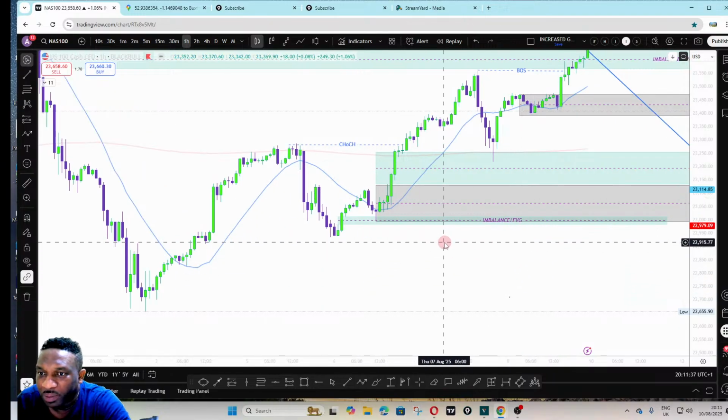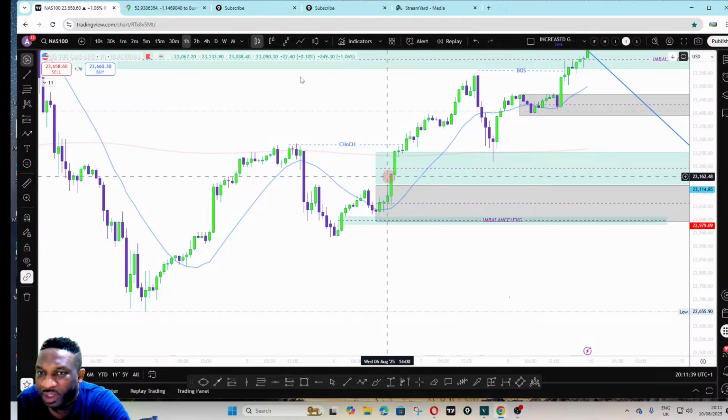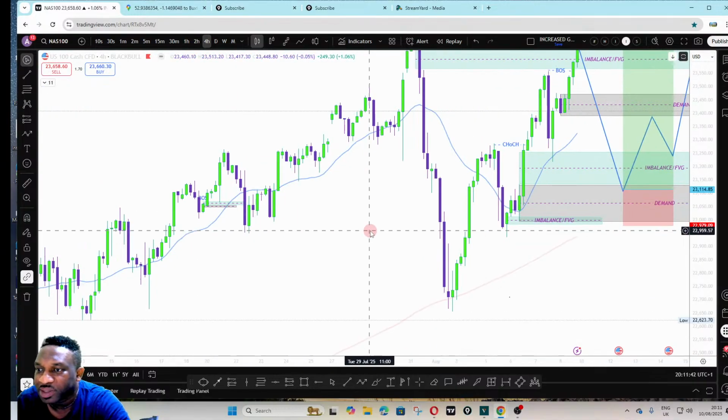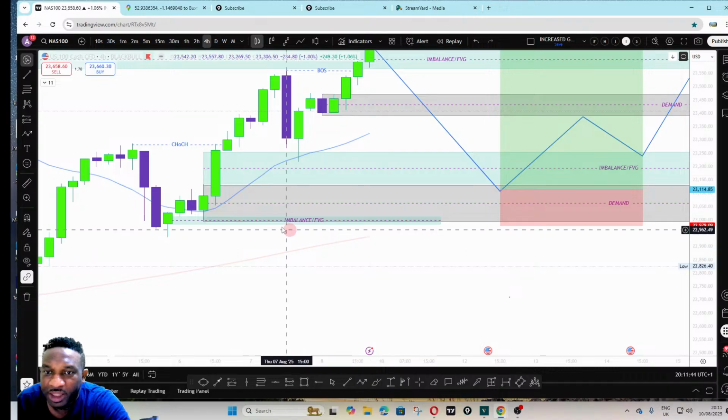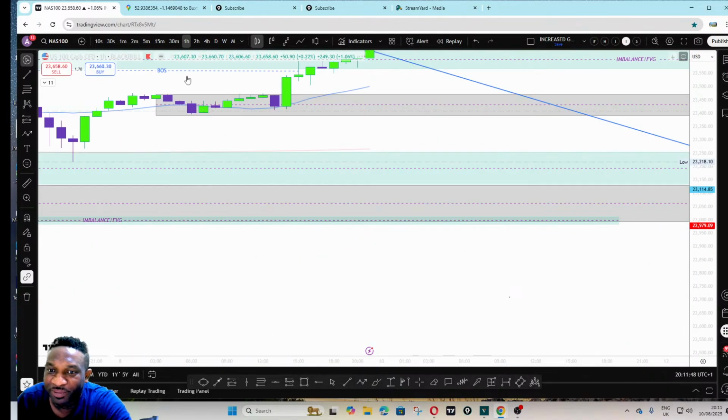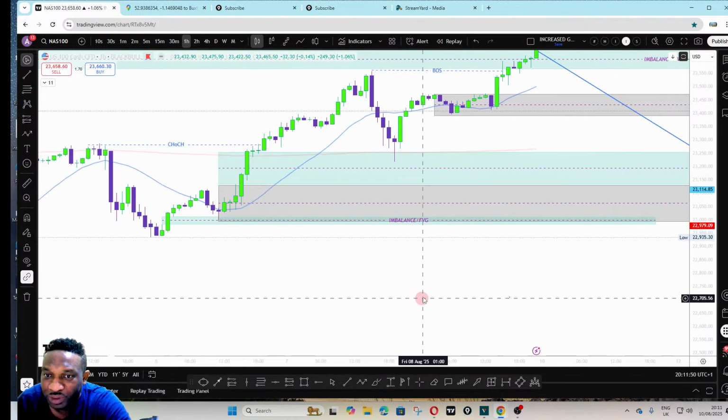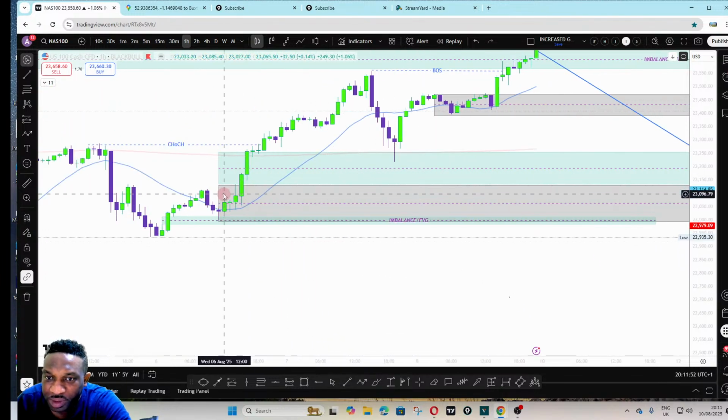On the 1 hour time frame, I think we did these markings on the 4 hour time frame. So as we go down to a smaller time frame, we can further refine the zone that we have marked.